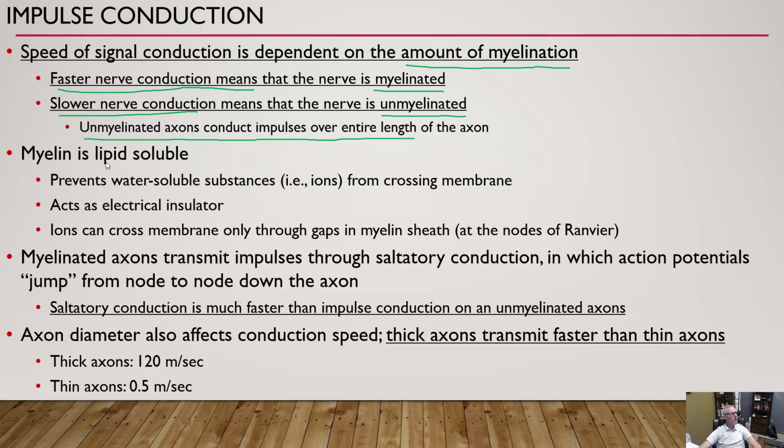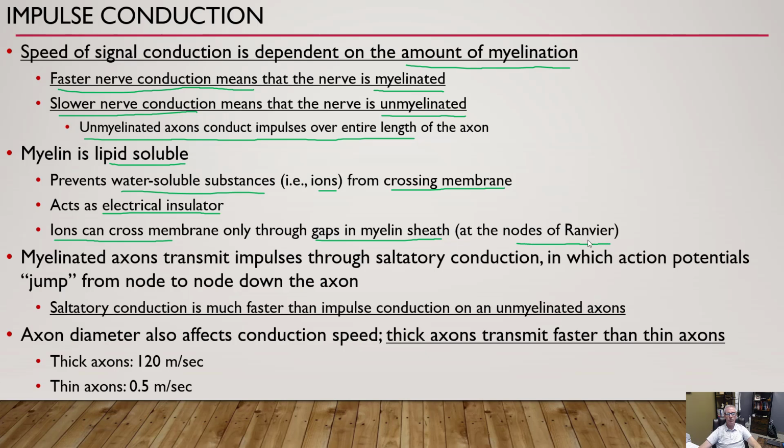Remember that myelin is lipid soluble, so water-soluble substances like ions can't cross that cell membrane; it acts as an electrical insulator. And those ions can really only cross through those gaps.